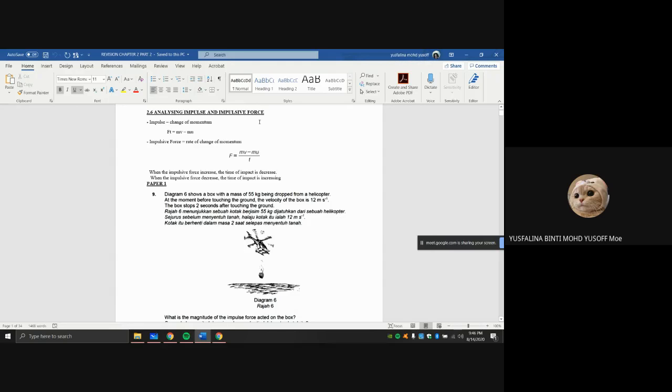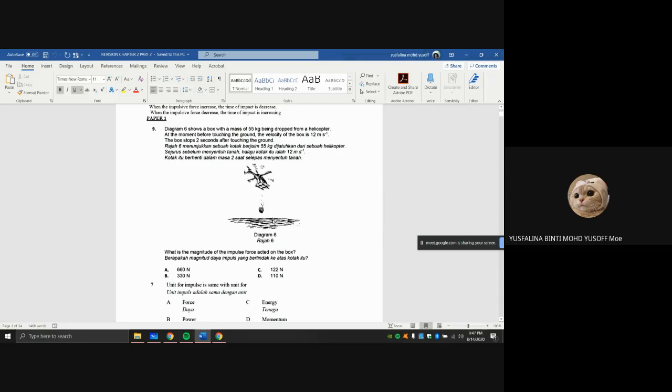Impulsive force is the rate of change of momentum, so this is the formula for impulsive force. When the time of impact is decreased, the impulsive force should be increased. If the time of impact is increased, the impulsive force will be decreased. So this is an inversely proportional relationship, right?